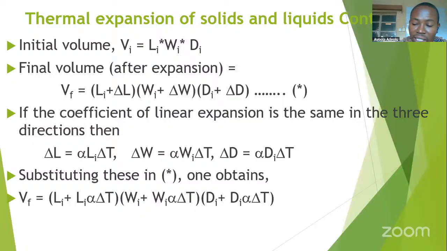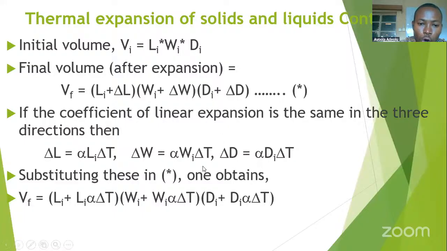If they are not made of the same material, then that relation will not hold. You have to manipulate it to suit what we want. Then we know from the previous slide that delta L is equal to alpha Li delta T. Likewise, delta W will be alpha Wi delta T, and delta D also will be alpha Di delta T.